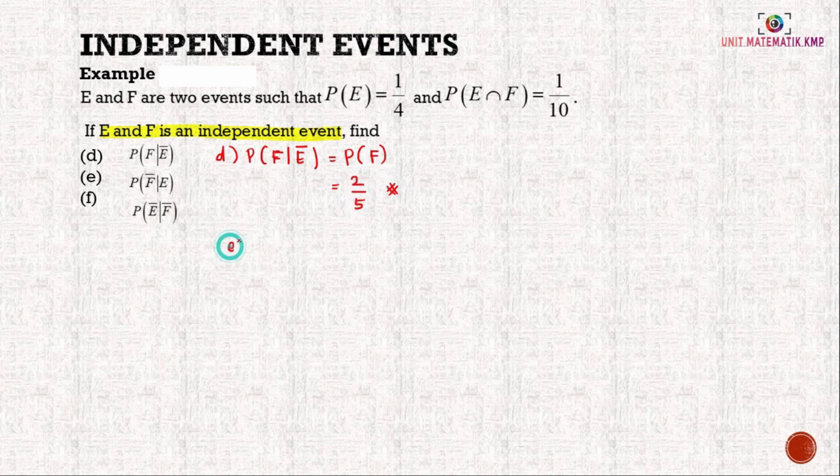Okay, so soalan E. Dia minta kita cari probability of F bar given E. So, this is an independent event. Jadi, awak akan dapat PF bar. So, PF bar is equal to 1 minus PF, which is 1 minus 2/5, dan you akan dapat 3/5.